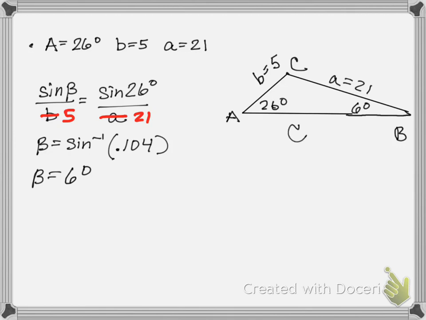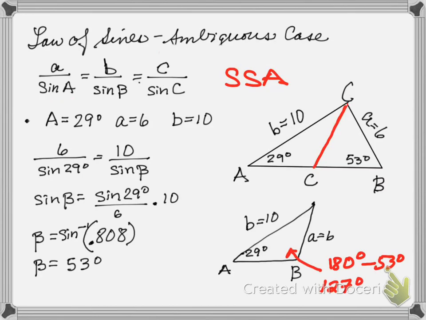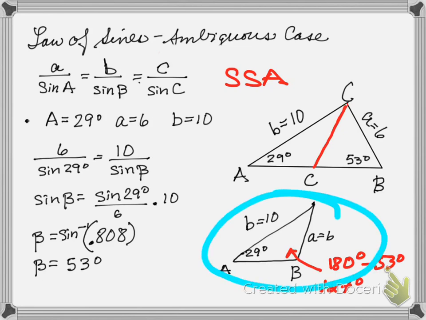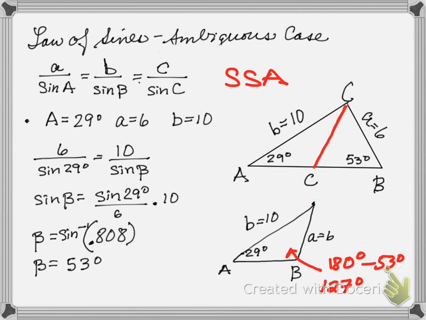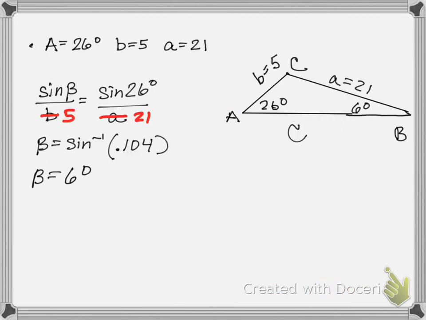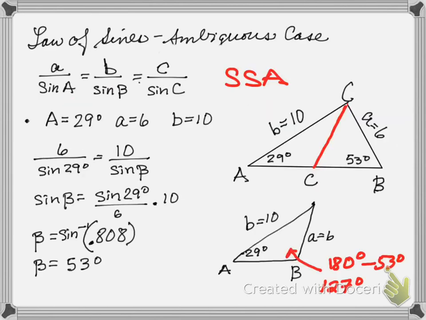Now, what happened in the previous case? Let's look back. Back in the previous case, I drew a second triangle, right? Right down here on the right, then I said, all right, I solved B, but there's a second triangle. And I did that. Now look at what happens when we try to do that here. Even without drawing it, look at how we actually found it: we took the angle that we knew and subtracted it from 180, right?